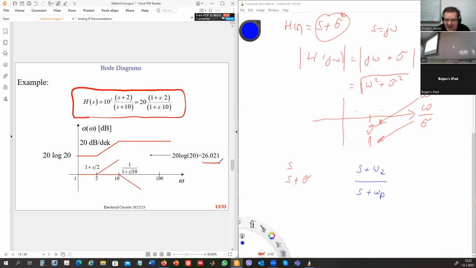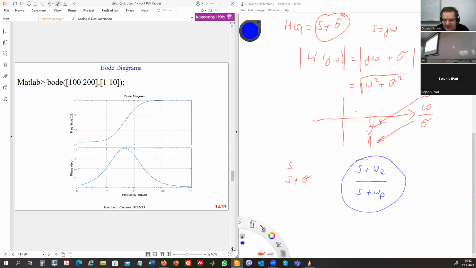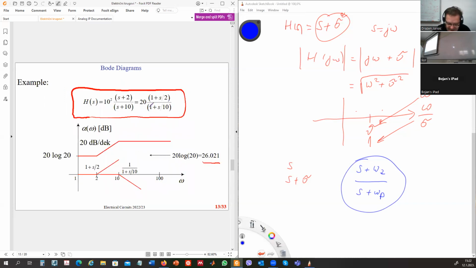So this is how we can construct the Bode plot using these techniques if we look at one zero and one pole. And this is something we will use to construct our fractional order element. If I use MATLAB, and put in such a command, bode, the same as here, you see 100 times s and times 2 is 200.